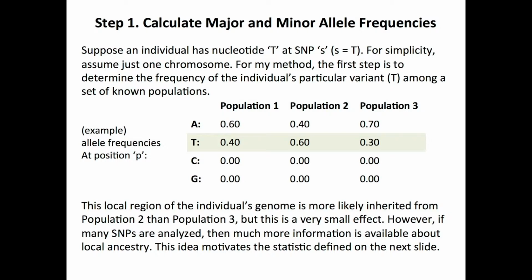I place heavy emphasis on the word marginal here, but my point is that if there's a little bit of information about the test individual's local ancestry at one SNP, then there must be a lot of information potentially available if we were to look at many SNPs, say 1,000 SNPs, as I've done here.